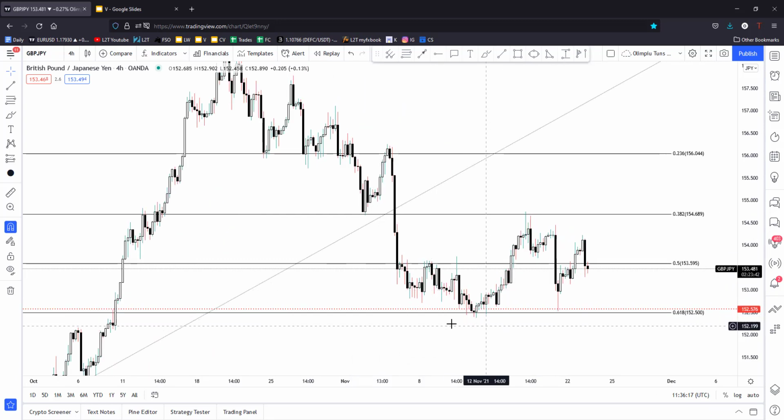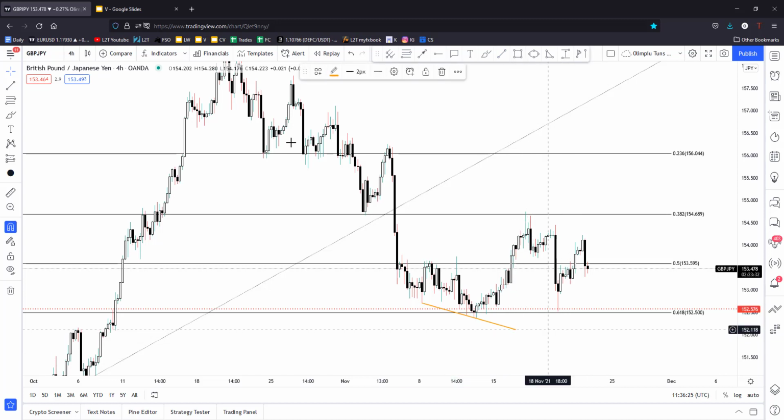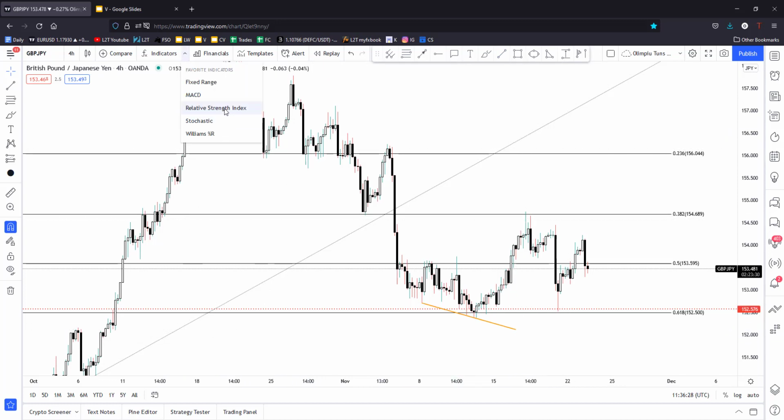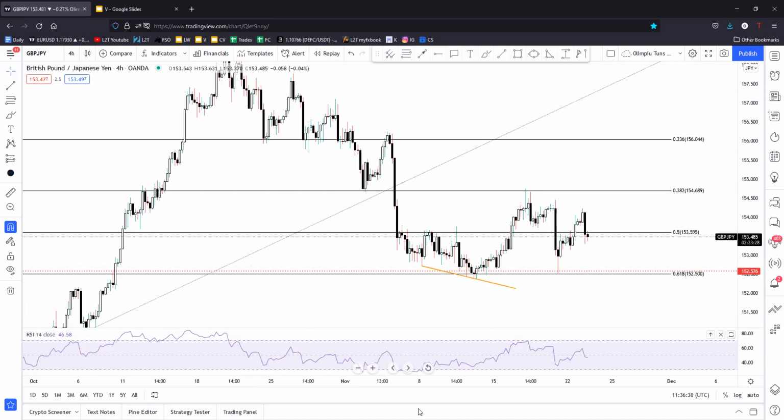So here in the short term, the price reached the 61.8, the 152.57, but also, if you use an indicator, the relative strength index this time, you can see that this indicator has signaled something like a bullish divergence, lower lows on the price and higher lows here on the RSI.